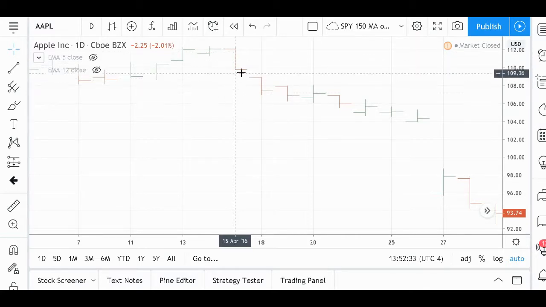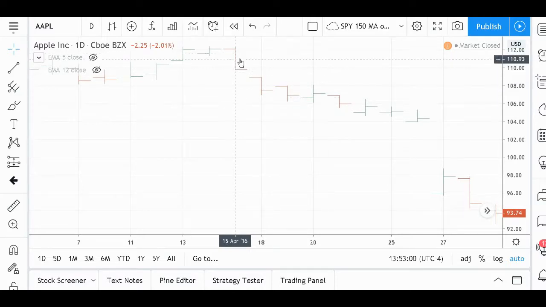When it closes really close to the bottom, that could be a sign that the sellers are winning. The sellers are in control, and you might, not guaranteed of course, get more down moves, since this one closed near the bottom. There's very little stick pointing out below the close of the day. It closed at the low almost.